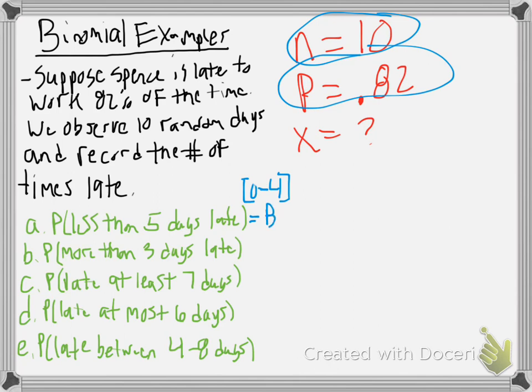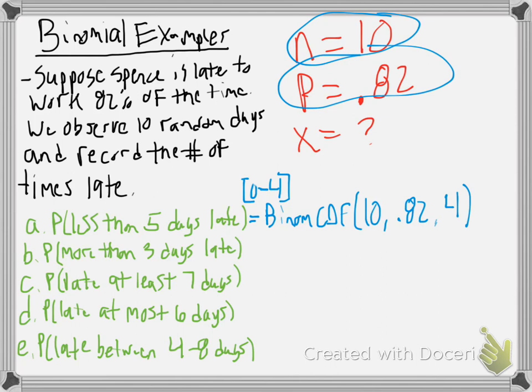So if we enter Binomcdf, which is, you do second vars, and you'll find the CDF right below the PDF. We still enter in 10, and then we put in p, 0.82, and then we put in x as 4. And what this will do, the C stands for cumulative. So the cumulative will add up the probability of 0 to 4 outcomes, which is exactly what we want.